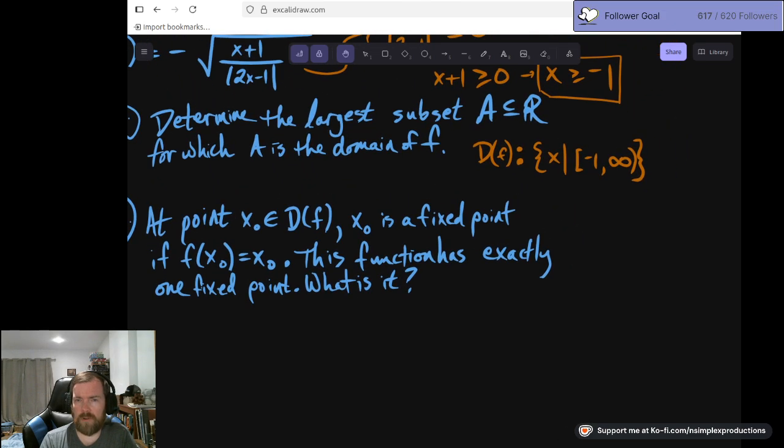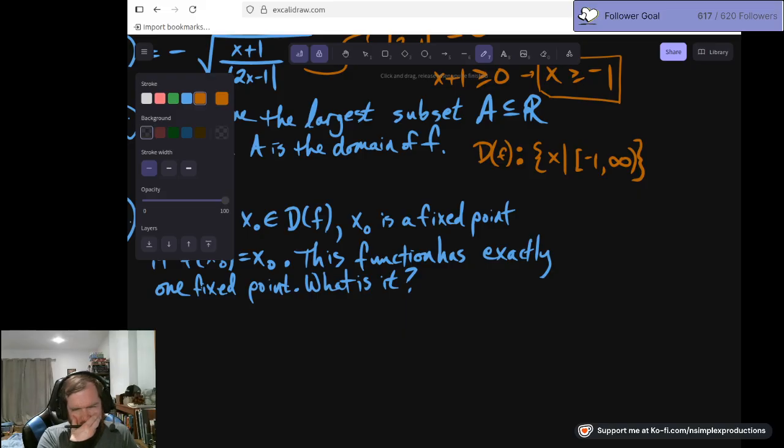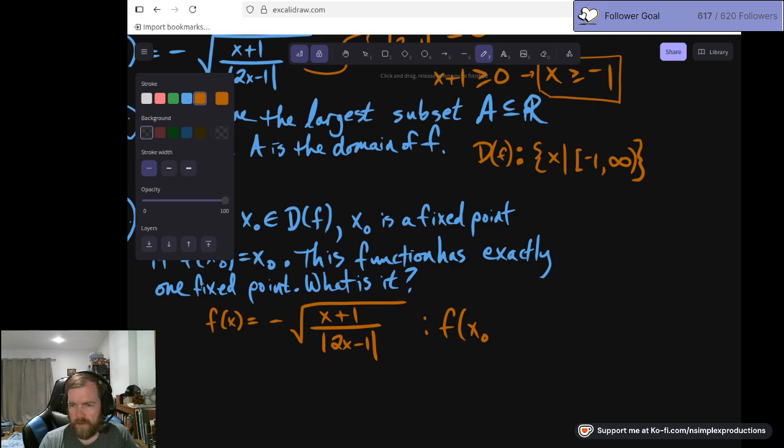Okay, this particular function, f of x equals negative square root of x plus 1 over absolute value 2x minus 1, is going to be defined with f of x sub 0 equal to x sub 0, which is equal to negative square root of x0 plus 1 all over absolute value 2x0 minus 1.